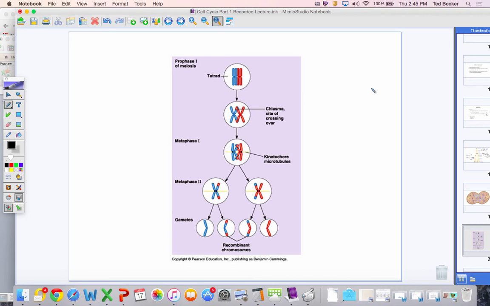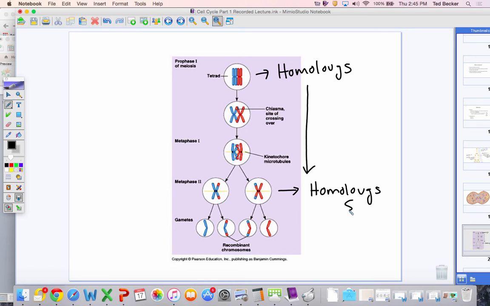This is a pared down version of the 2 division processes. You start with homologous chromosomes. These separate during meiosis 1 here. Homologs separate. And then you can see here, sister chromatids are separating.